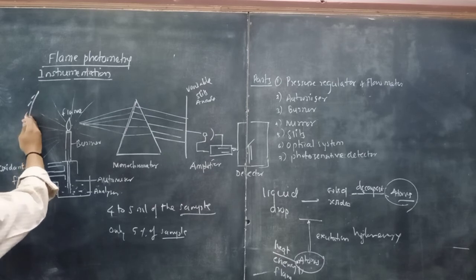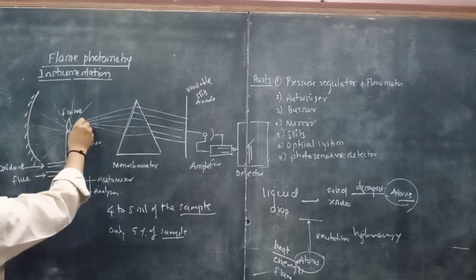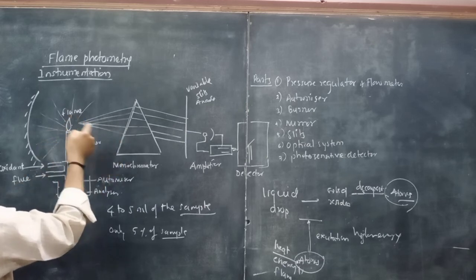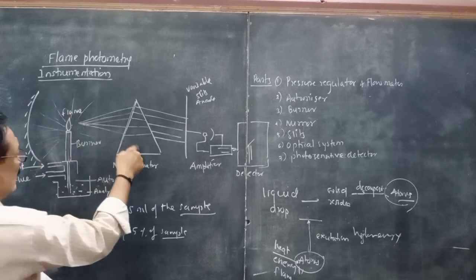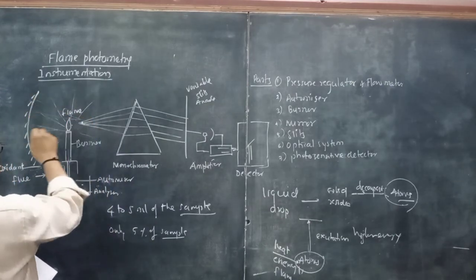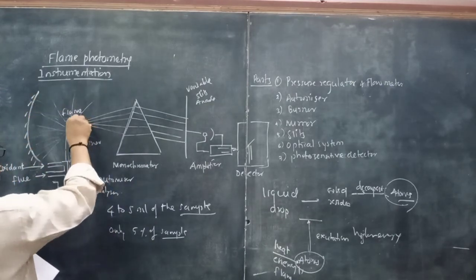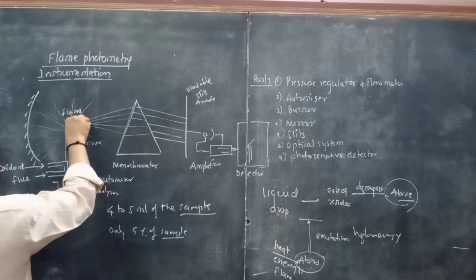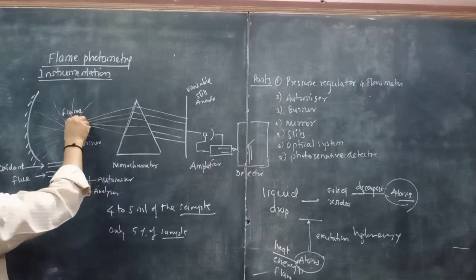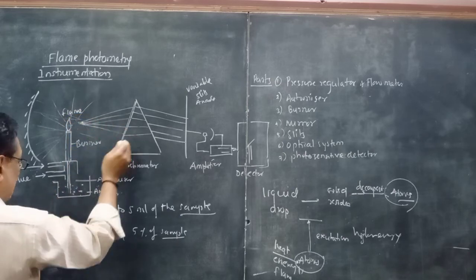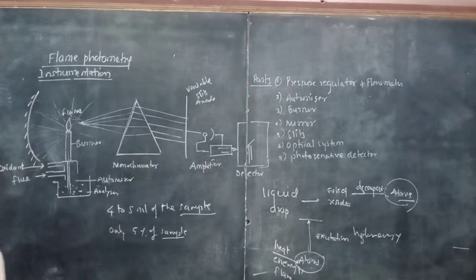The mirror is placed in such a way that the focal point of the mirror lies at the entrance of the monochromator. The radiations are concentrated there, and that is called the focal point.